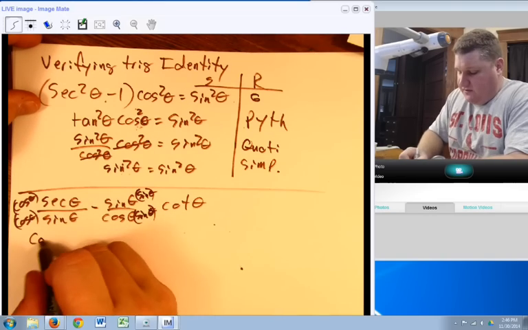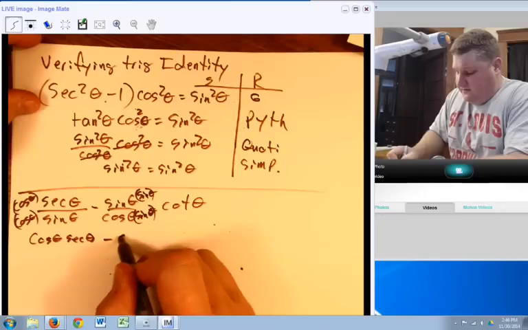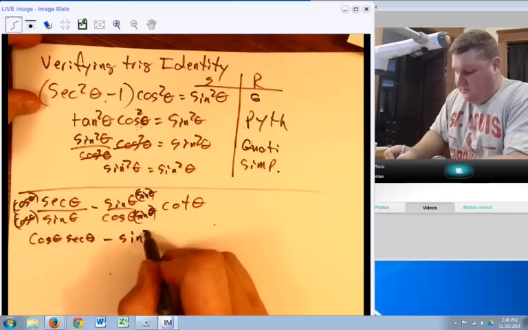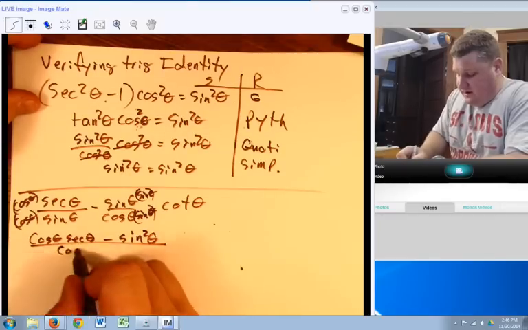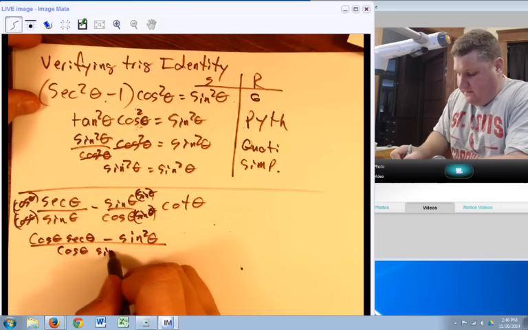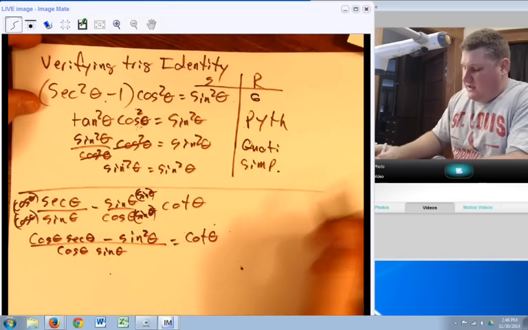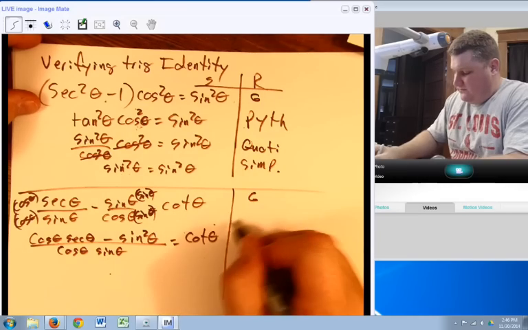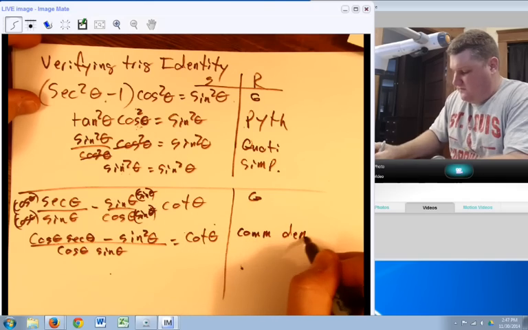I have cosine theta secant theta minus sine, well, I got two of them, so sine squared theta, all over. Don't forget your denominator. It's still there. Cosine theta, sine theta, cotangent theta. And so I have given, and I have common denominators.